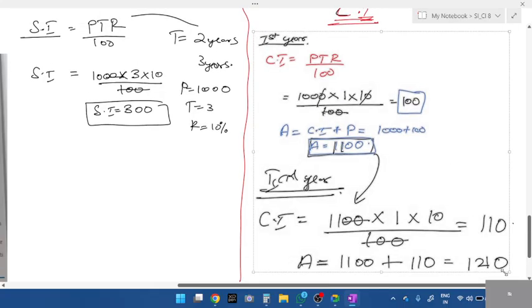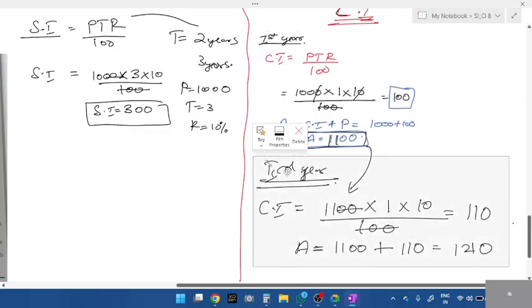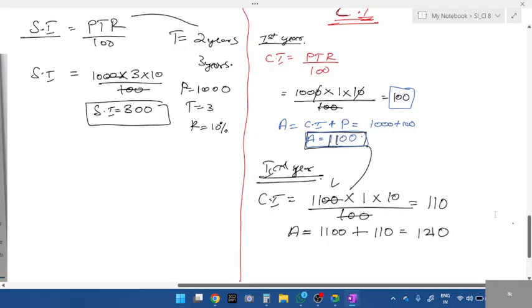Compound interest. First go through what I have done. So compound interest for every year, your principal will change, amount also will change. Every year the amount will change.